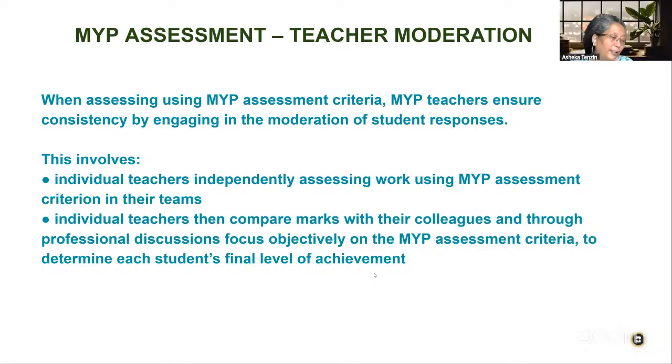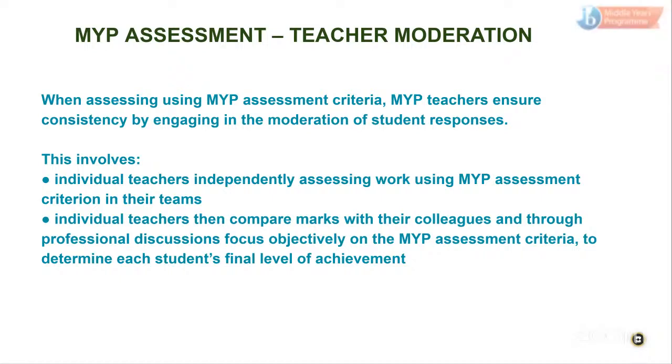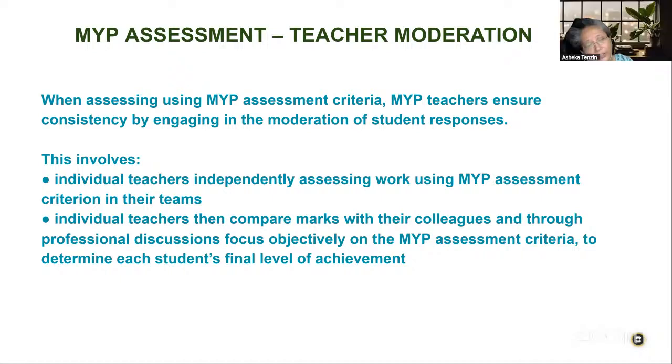So if I feel that in the 4 samples I have graded very leniently, then if I mark down my grades, I will have to relook at all the other students and mark them down too. But if the other teacher and I both have the same understanding and both have marked the same, then the grades remain the same. Okay. So this moderation of assessment is very important in the MYP.